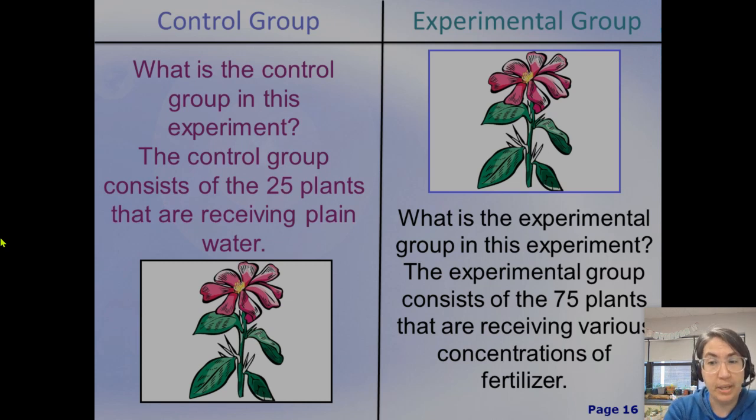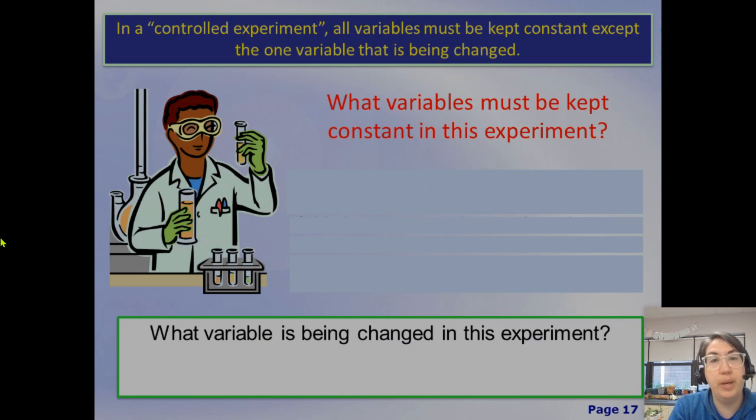My control group in this experiment would be the 25 plants that are receiving just plain water. And the experimental group would be the 75 plants that are receiving various concentrations of fertilizer. It's a controlled experiment because all variables must be kept constant except the one variable that I'm changing.